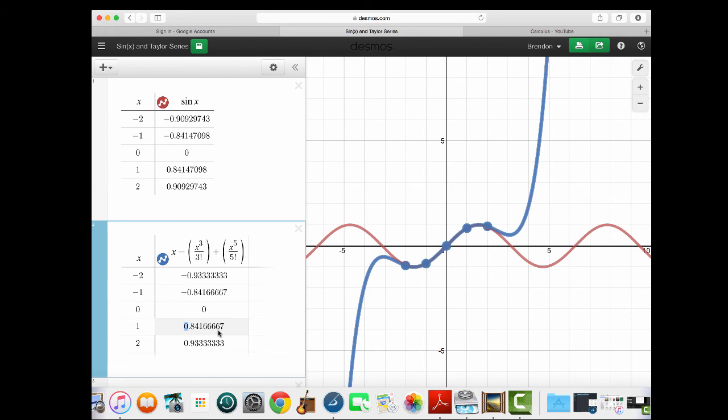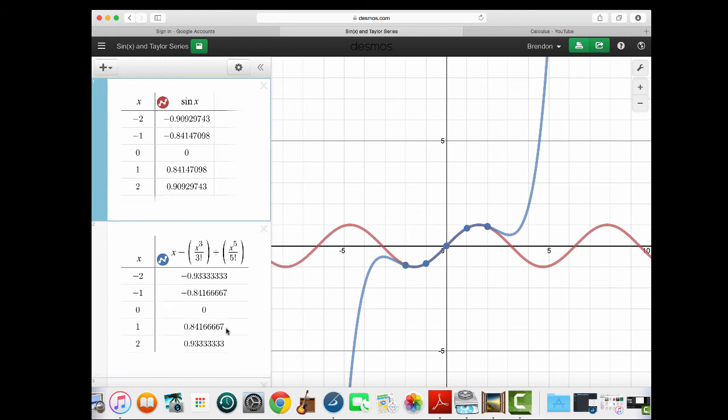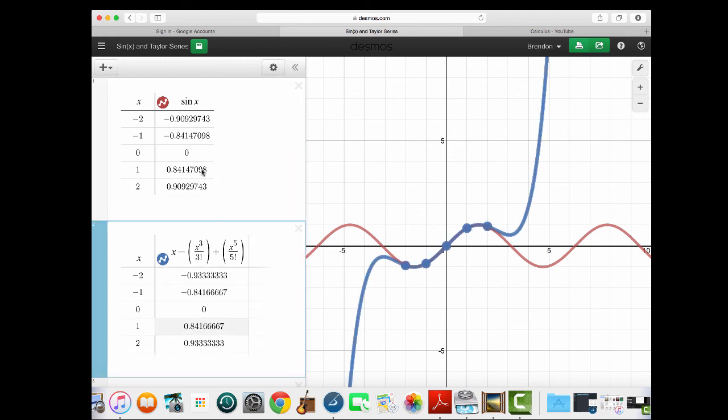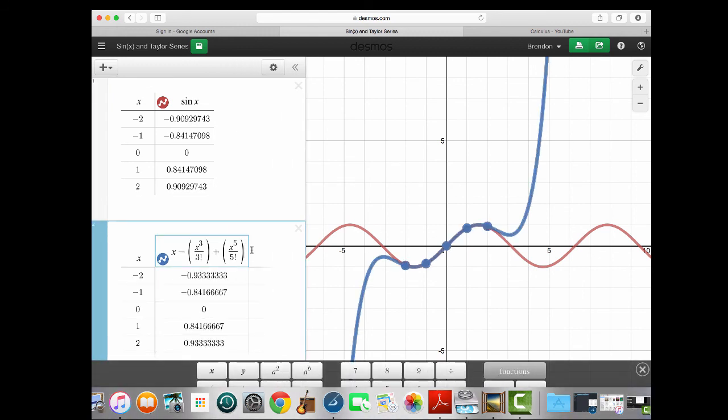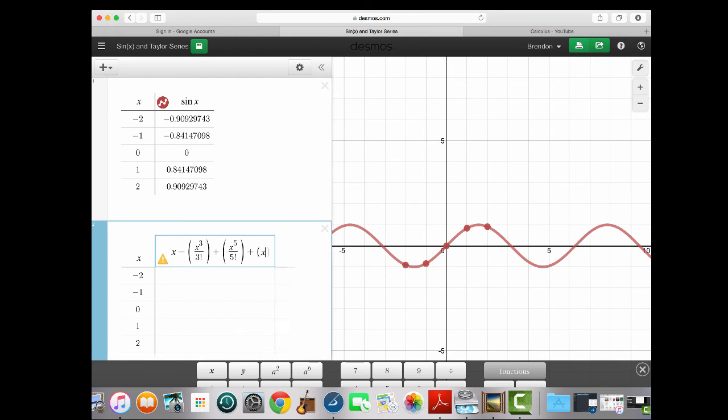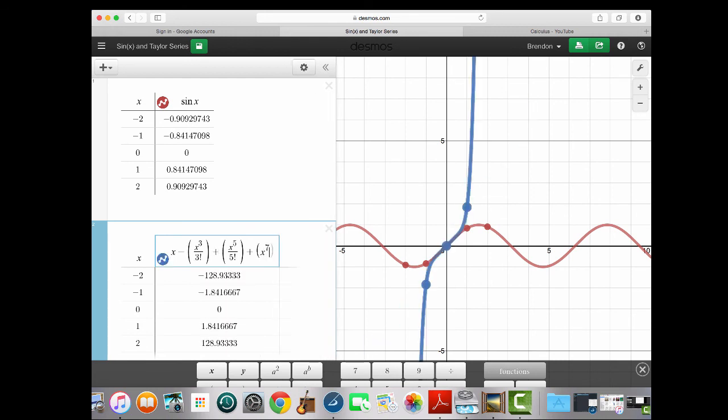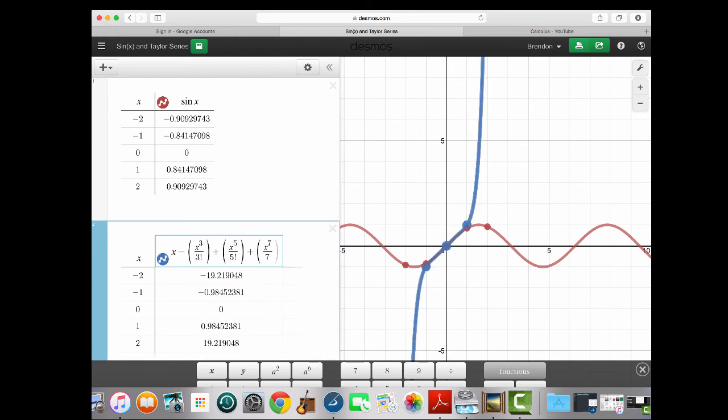Now if you want to do an even better job, you could just add more terms. So this is the fifth degree, but you could go ahead and add the next term. We'll do that. So that would be minus, you can probably anticipate, x to the 7th divided by 7 factorial. Maybe it's tough to see visually because they're getting so good, but it does an even better job of approximating if you just look at the values here.